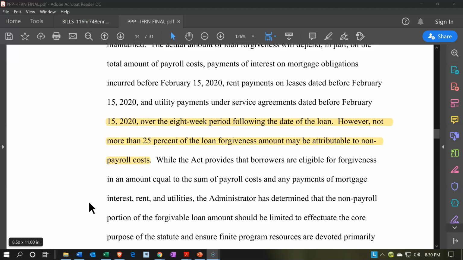I think what's going to happen is that whatever the forgiveness is, they're going to calculate that 25% of it must be for the payroll. So if your ratio is over 25% to something other than payroll, then you're going to be limited. I would think the way this is reading would be it doesn't mean that you just drop off the cliff and you don't get any forgiveness.